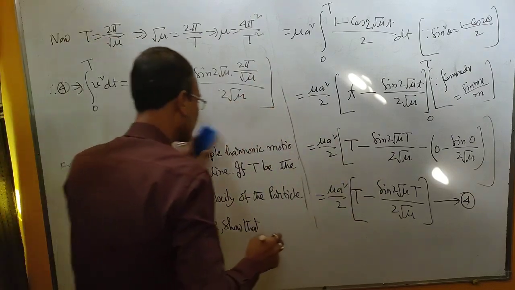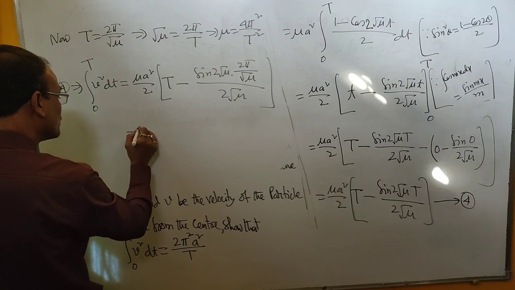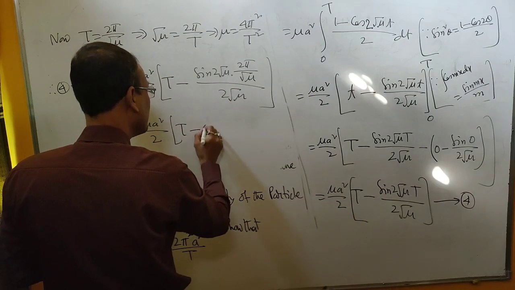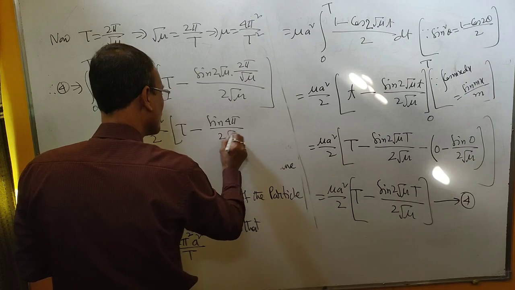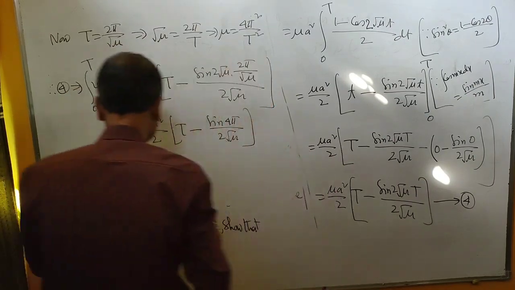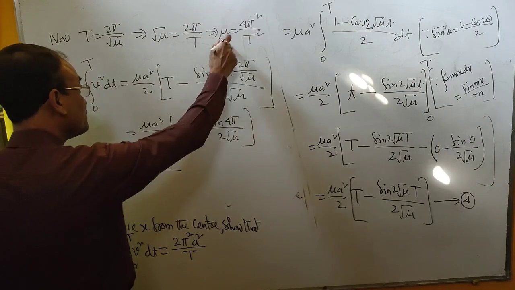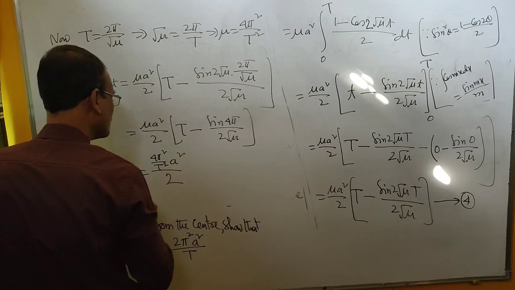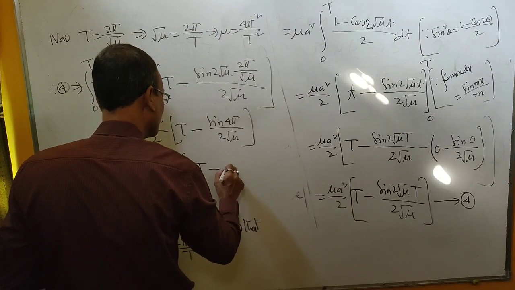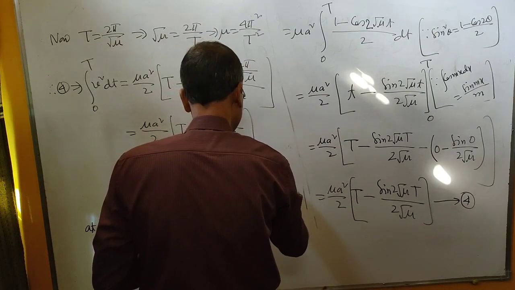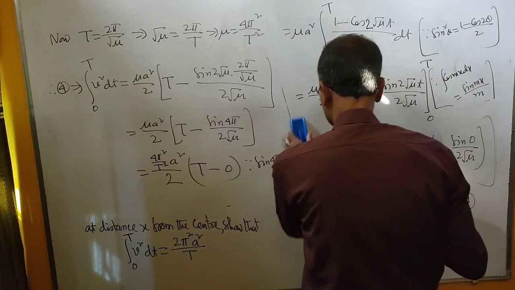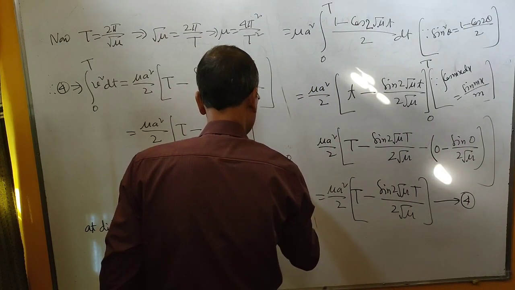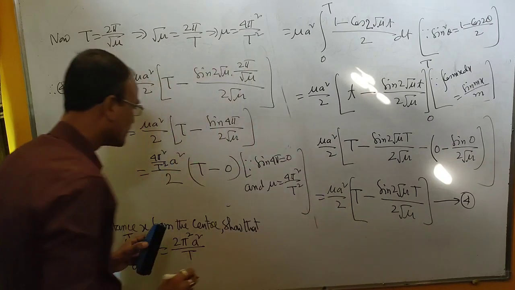The root mu cancels, and you get sine 4 pi, which means 0, since sine 4 pi equals 0. So this is mu a square divided by 2 into T minus 0, and mu equals 4 pi square by T square.